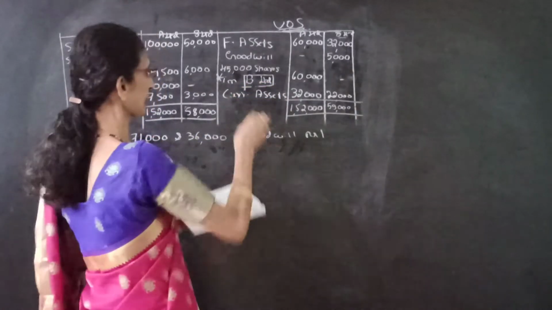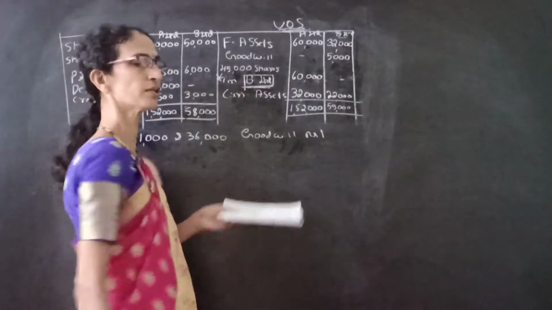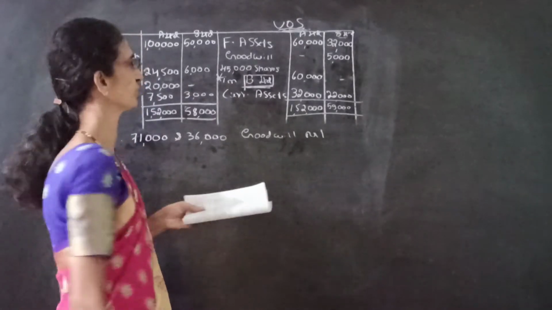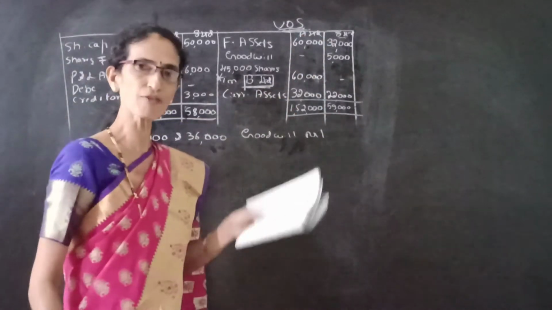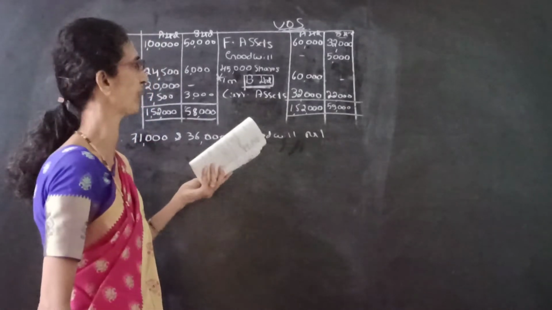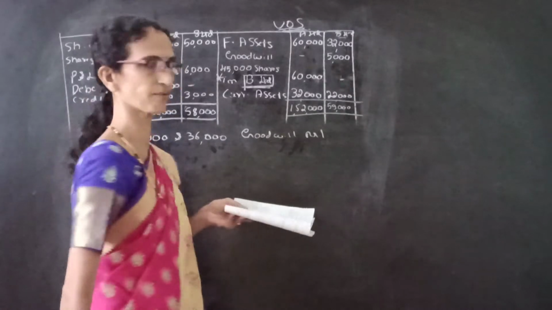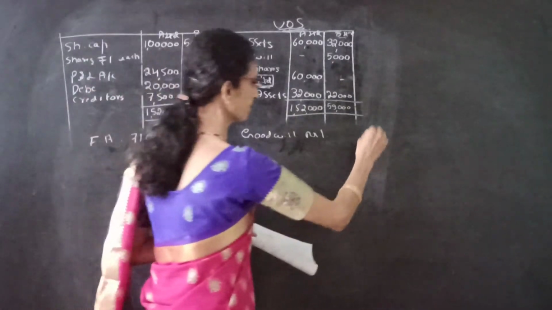So first we have to find out the intrinsic value of shares of B Limited, and afterwards the value of shares of A Limited.